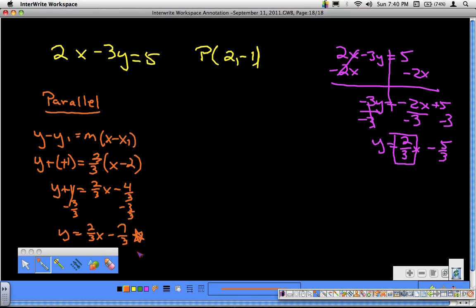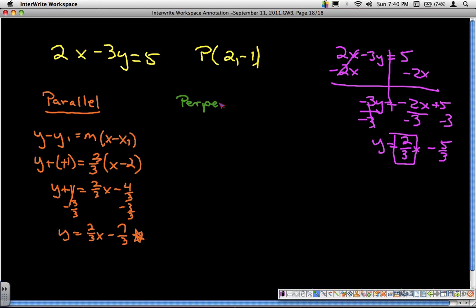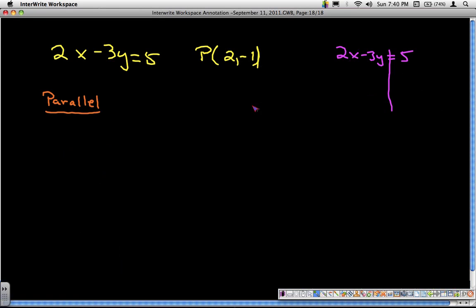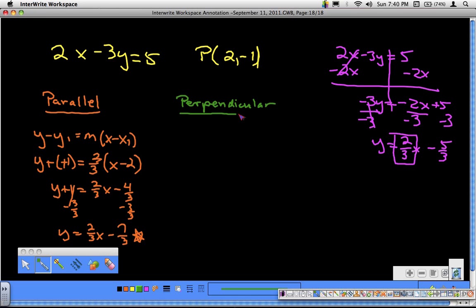Alright, let's take a look at the option where, same idea, we still have a line that we're given, still have a point that we're going to go through with our new line, but this time let's look at the situation where the two lines that we finish with are perpendicular to each other. So in other words, my new line has to go through (2, -1), but it has to be perpendicular to my original line.